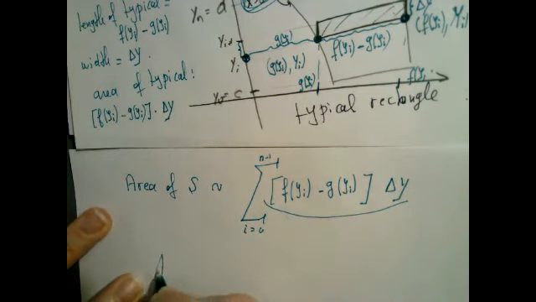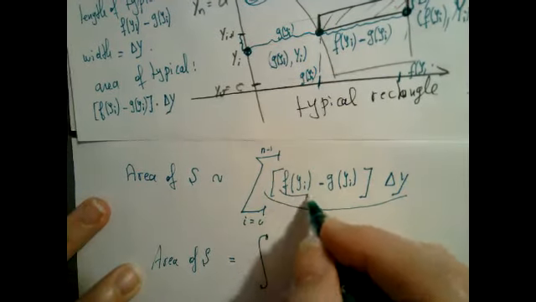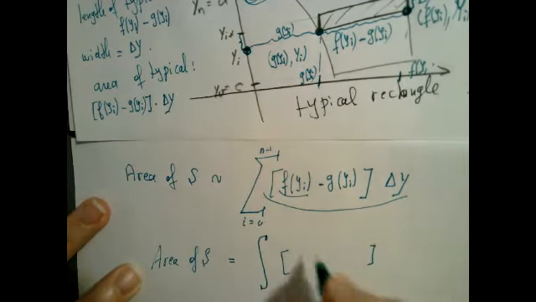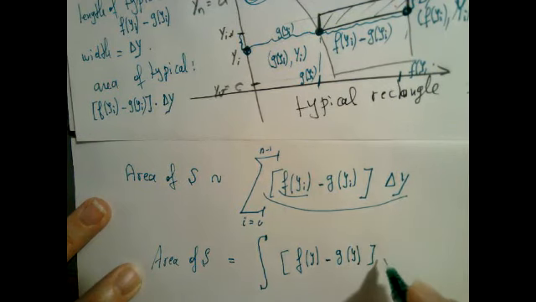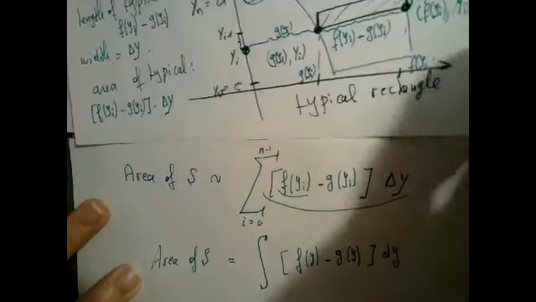So the area of S is going to become the following. I'm going to rewrite this as a definite integral. F of y, I'm going to turn this Riemann sum into an integral, minus g of y. The delta y is the dy. And finally, the limits. What are the limits? I go back to my picture.